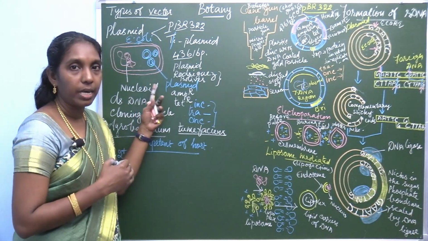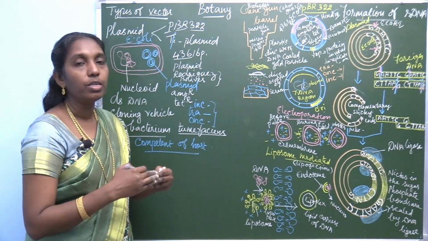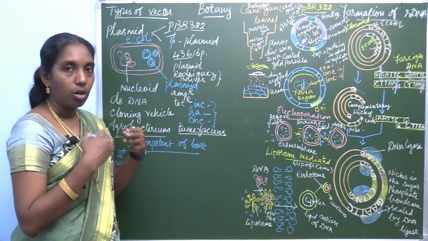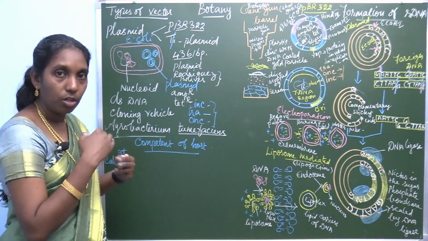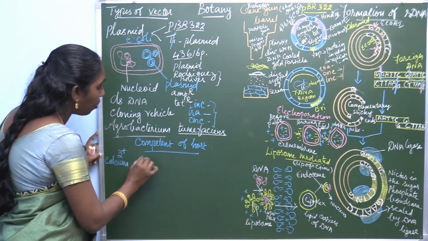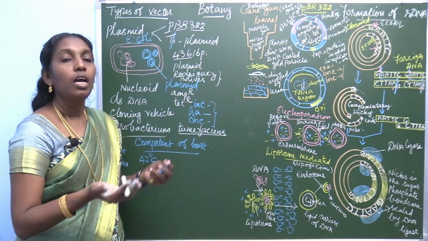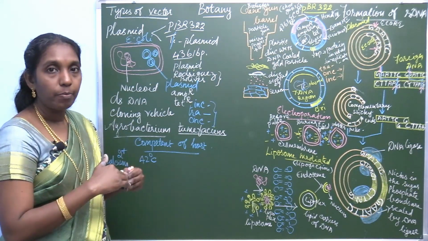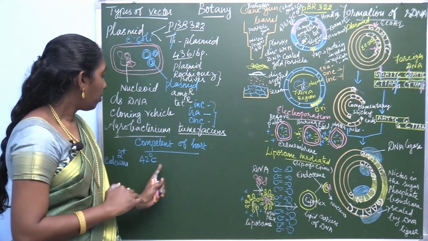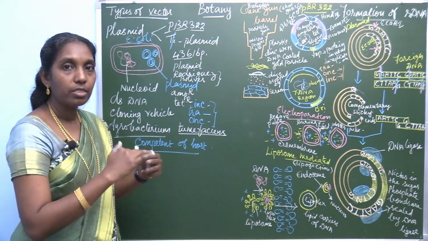The cell along with the plasmid or vector or cloning vehicle containing the recombinant DNA is treated on ice. Both the rDNA and the host are kept on ice. Then it is given a 42 degree Celsius heat shock, and again transferred back to ice.